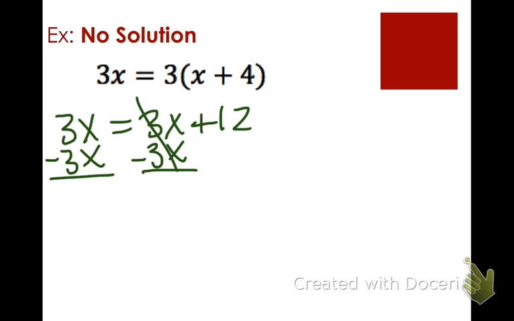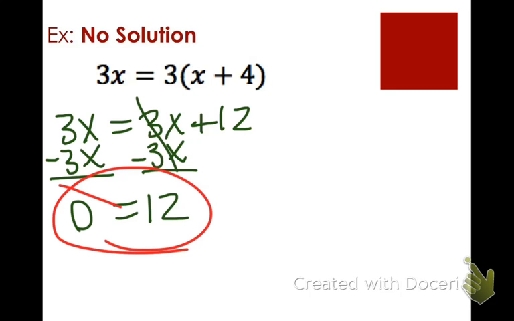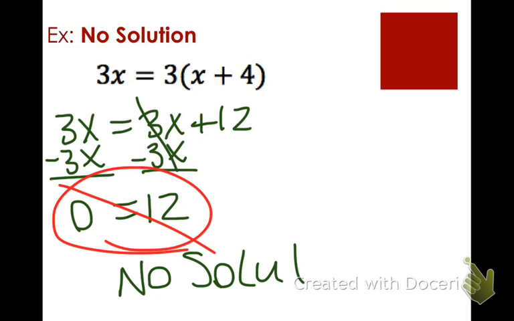Well, again, 3x minus 3x is 0, but this time it's telling me that 0 equals 12, which I hope we realize is absolutely not true. So if this happens, the only thing you have to write for your answer is no solution. And that's it for this section.